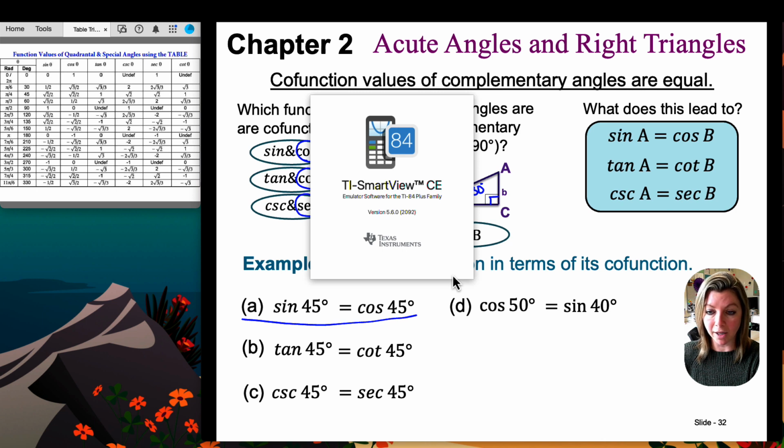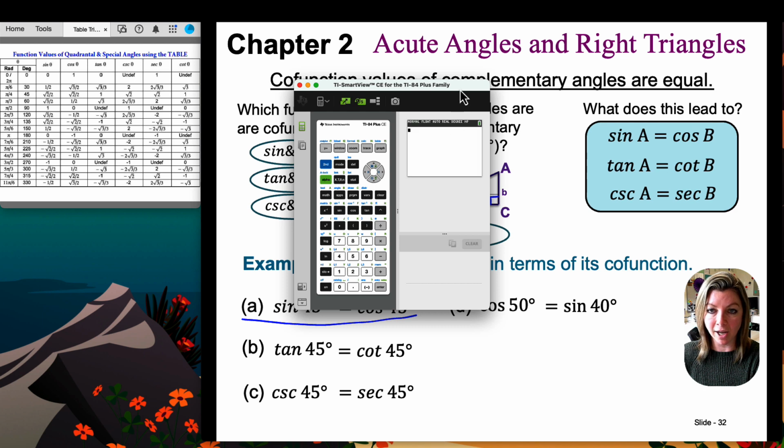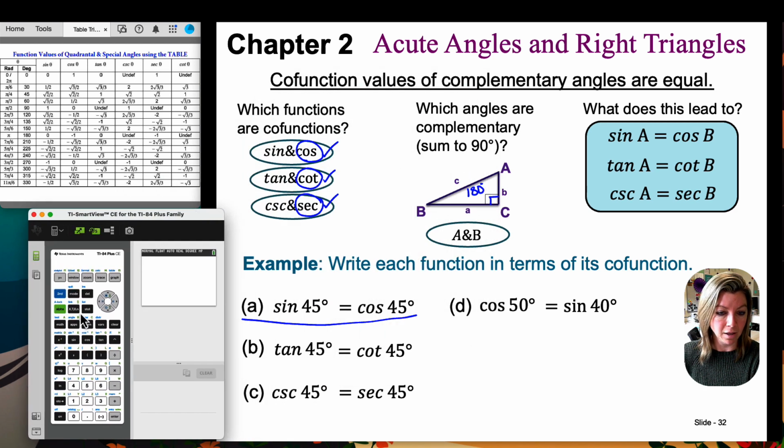But using a calculator, make sure you're in degree mode, and then you can check it by cosine of 50, which we see is equivalent to approximately 0.64, and sine of its complementary angle is also approximately 0.64.